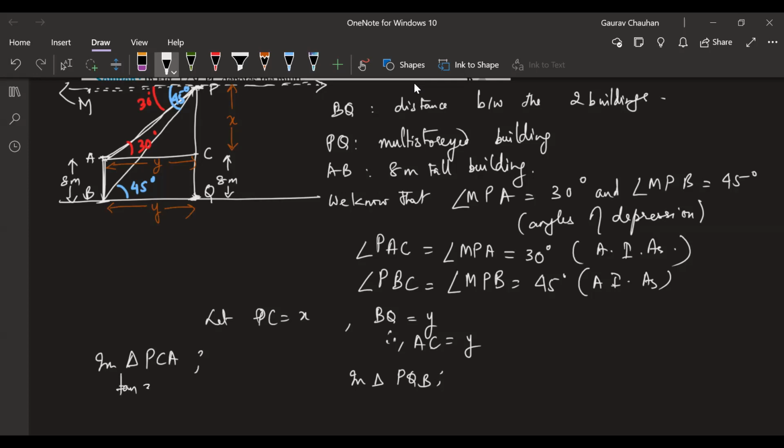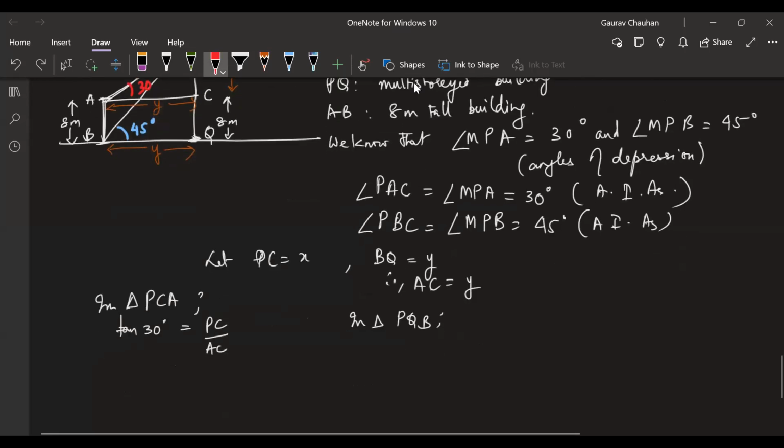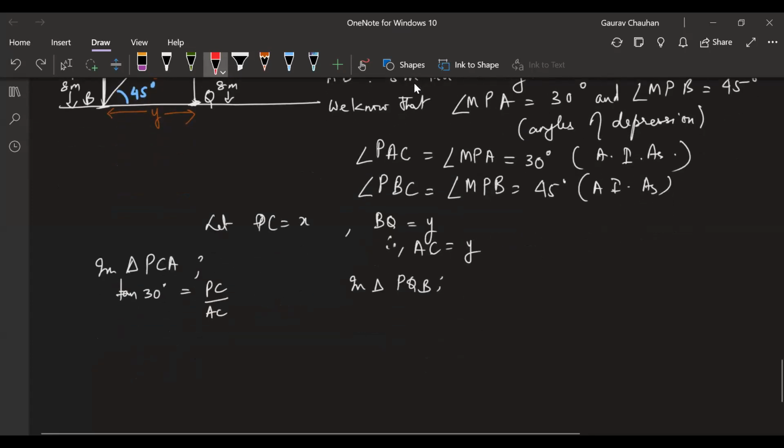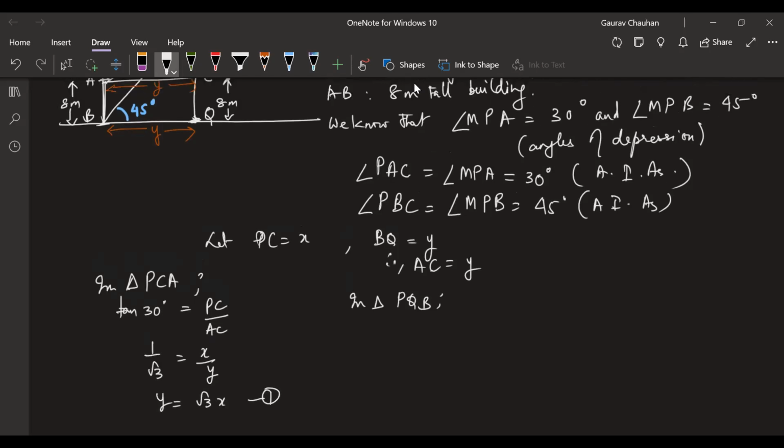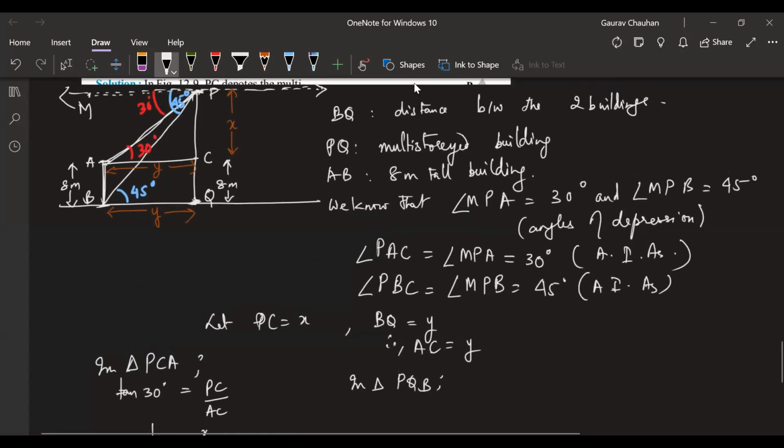So I have tan 30 degree equal to PC by AC, I am talking about this particular angle here. Tan 30 degree is equal to this by this, that's basically x by y. So tan 30 is 1 by root 3 is equal to x by y. So y is equal to root 3 x, okay. Similar to the previous question which we did.